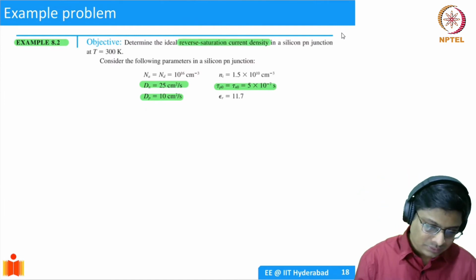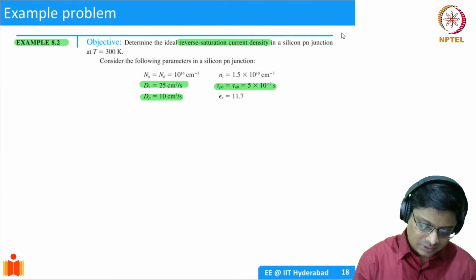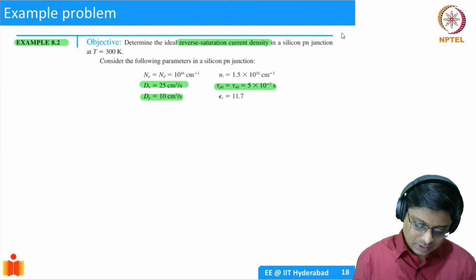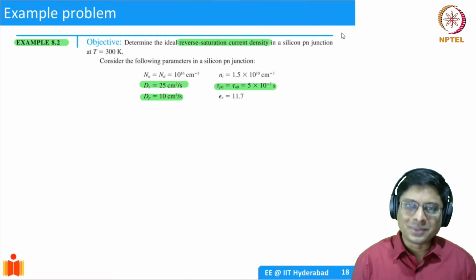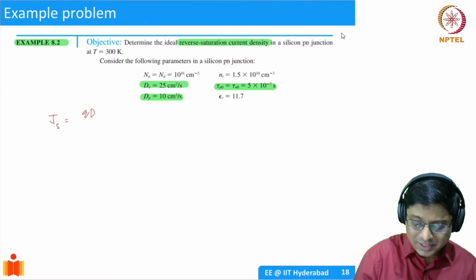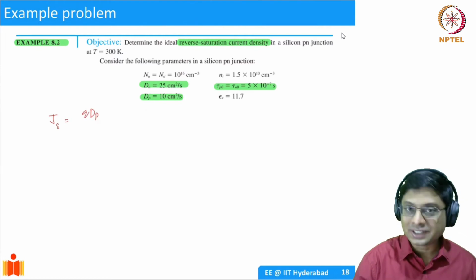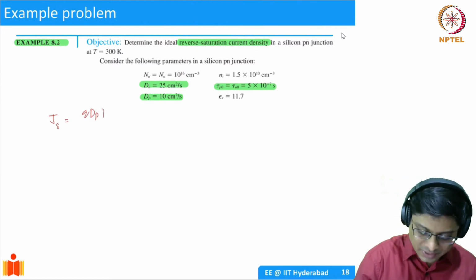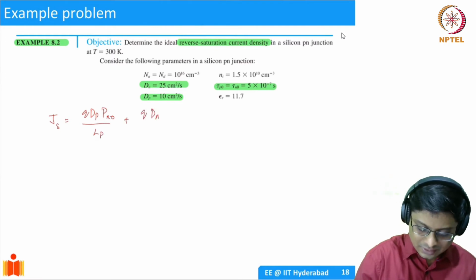Well, that's going to depend on numbers we have to calculate, right? So Js is basically q Dp pn0 divided by Lp, so we write the p term first, plus q Dn np0 divided by Ln.